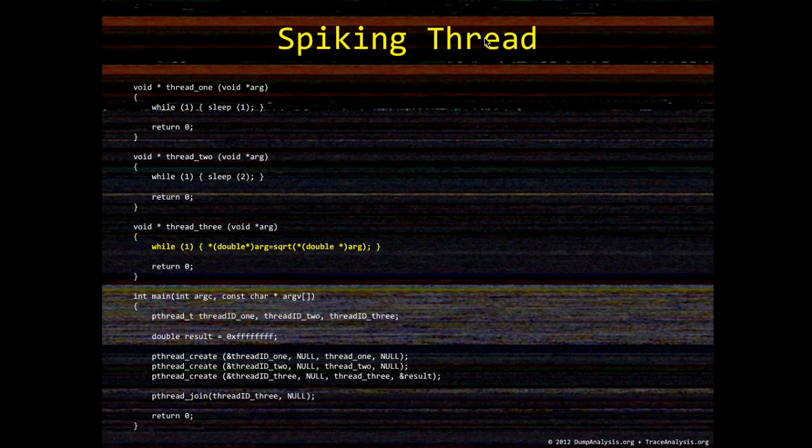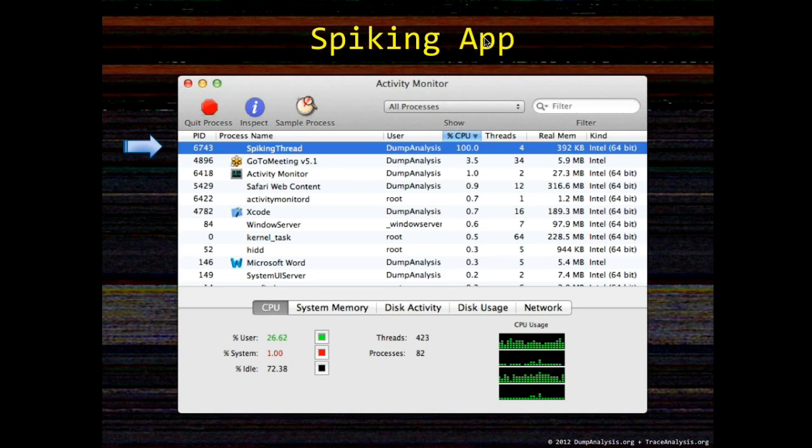When we launch this application, in Activity Monitor we see a spiking thread that spikes CPU, something like 100% or a bit less or a bit more.